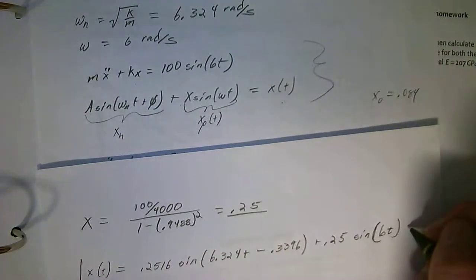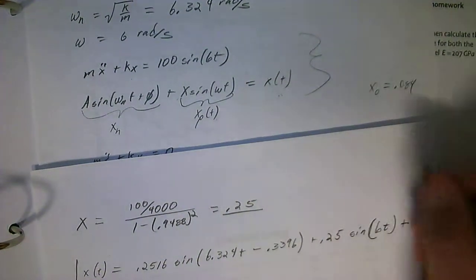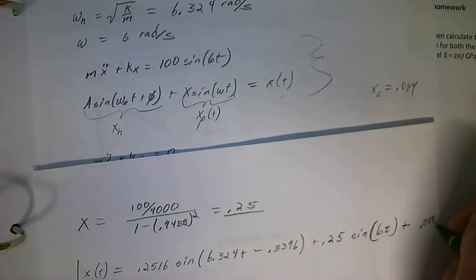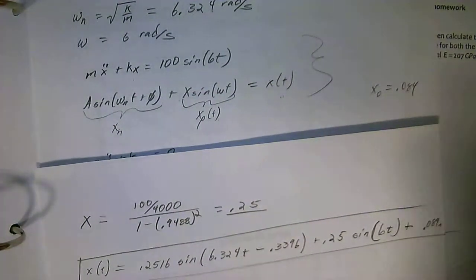And then you add on the last little bit, which is the x static, or x naught, right up here, 0.084 meters. And that is your total response for this system.